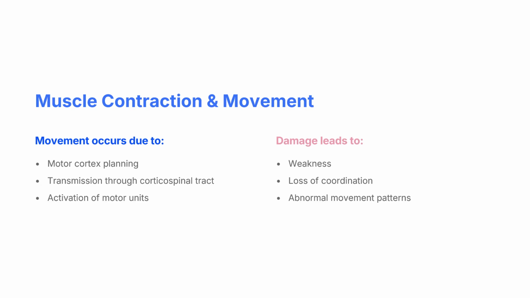Just consider the movement, and the beginning of the movement. When the movement starts, the motor cortex will be planning, and only then can the movement occur. So there will be a plan of movement, and the movement will happen. And this command of moving, when we want to move a part of a limb, travels via the corticospinal tract, and it will activate all the motor units.